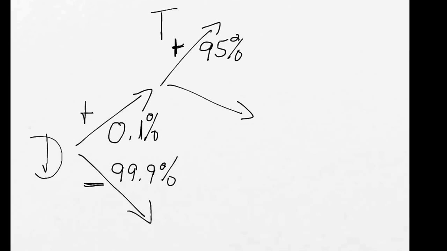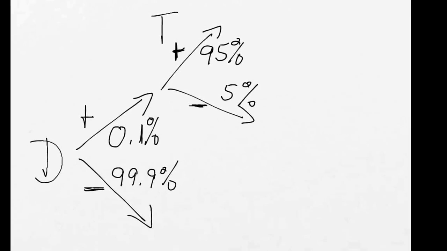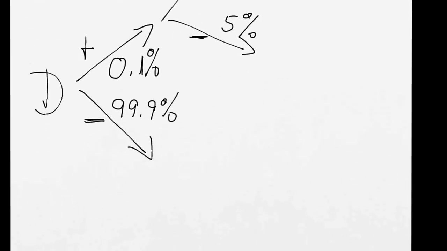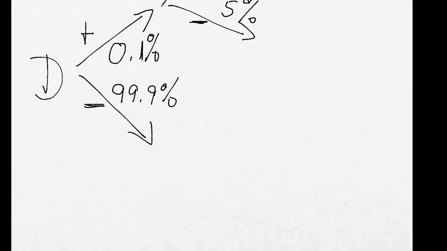Yeah? How many times is the test negative? 5%. So 5%. That's not bad. Let's do the same thing with the people who have not the disease.